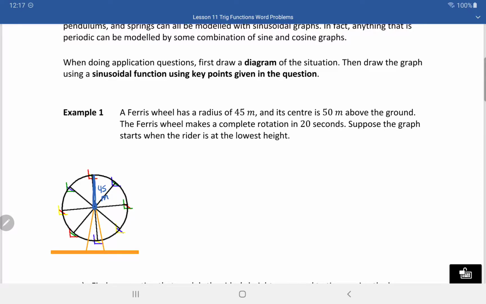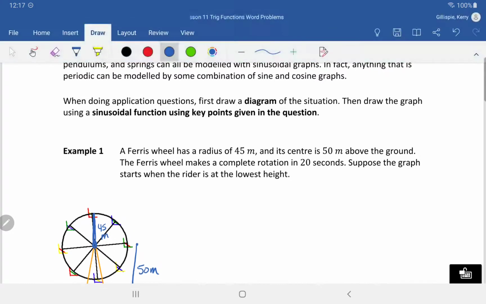And it's centered 50 meters above the ground. So that means from here down to the ground is a full 50 meters. So it's a little bit higher than the radius of 45 because we need the wheel to be a little bit off the ground, right? So let's do a different color.